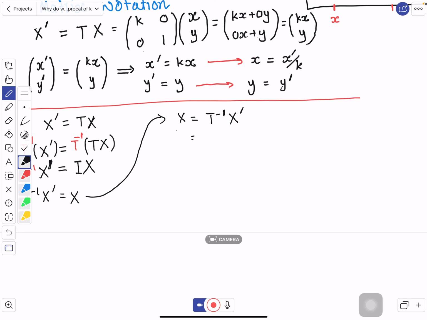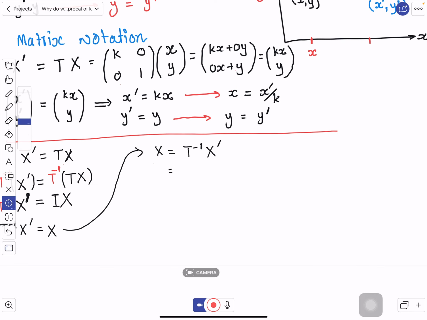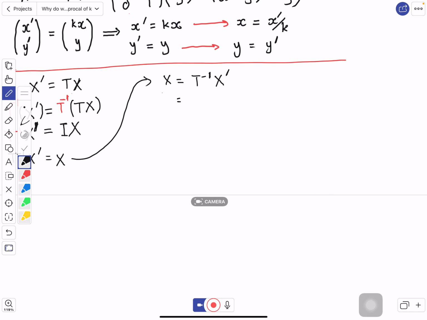We could get T inverse. Remember T is this, so let's write it down so that we can reference it back. T is equal to k 0 0 1.